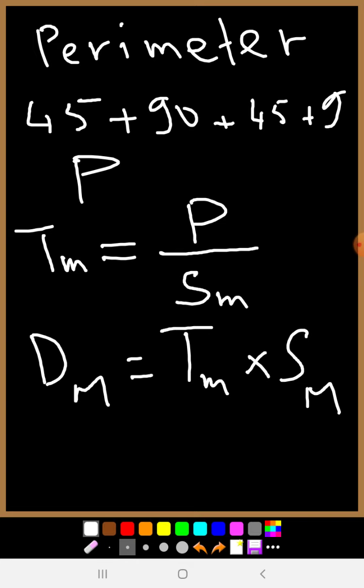So which means we take the time needed by small m and we calculate how many meters did big M travel during that time.